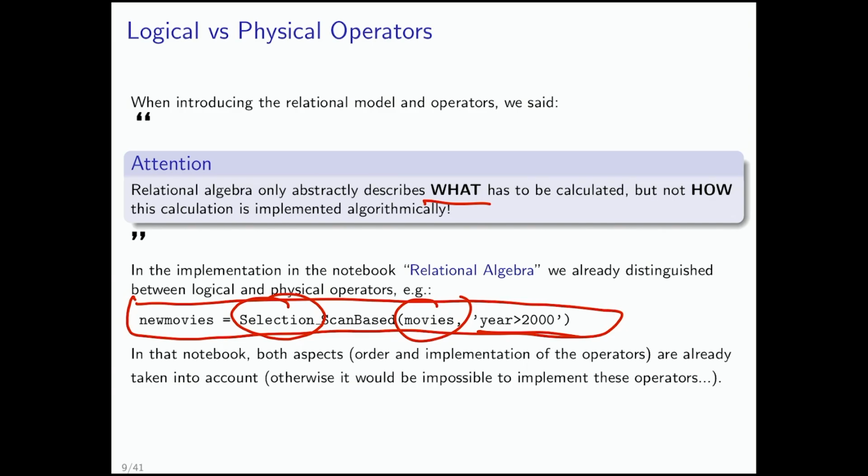And therefore, in the notebook already you saw there was this underscore and then a different name. That's actually denoting which algorithm is used to implement that logical operation. So in other words, we have this logical operation, the selection, and we have a physical realization of that operation, which is denoted after the underscore.